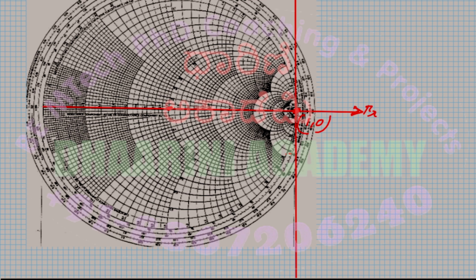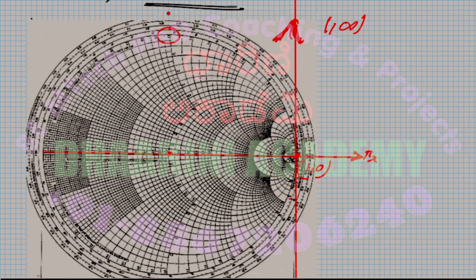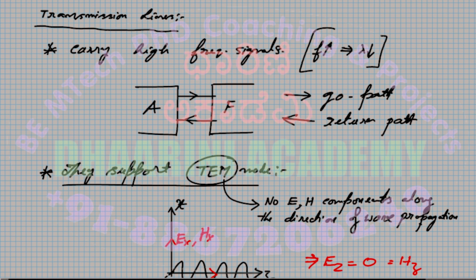Okay, there is a 1 comma 0 written. That means this is the circle, this is the part of the circle. I'll try to draw neatly on that.